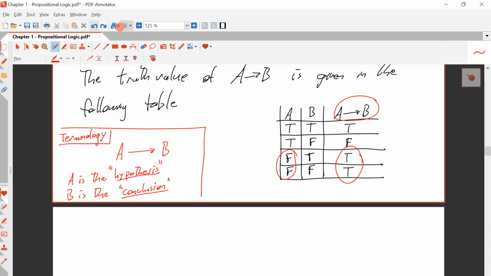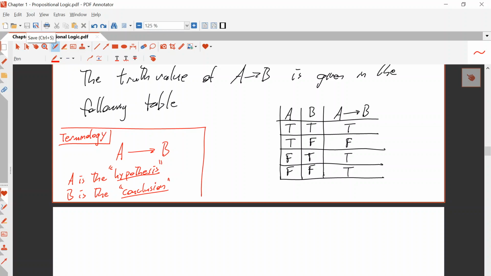Okay, that's a convention of propositional logic. In the English language, it's a little bit obscure, a little bit ambiguous, right? If I said to my kids, if you eat your dinner, then we can have dessert.